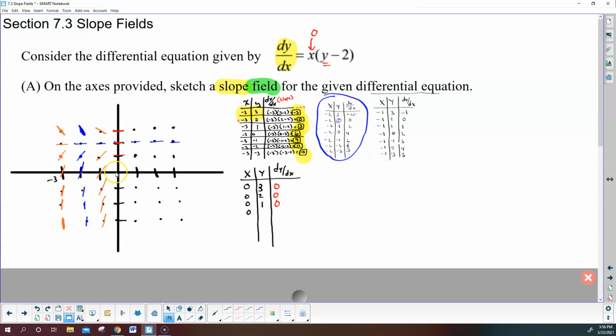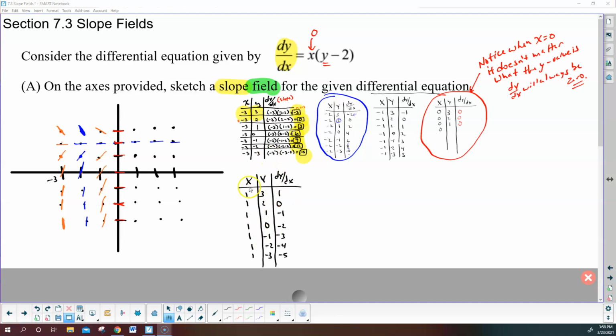But you're going to draw a 0 slope anytime x is equal to 0. All right, so you want to make sure that if there's a pattern, you see that pattern and apply it. We had a pattern going this way when y was 2, and a pattern when x was 0. So I'm going to actually not use the 0 chart and then go on to my other values.